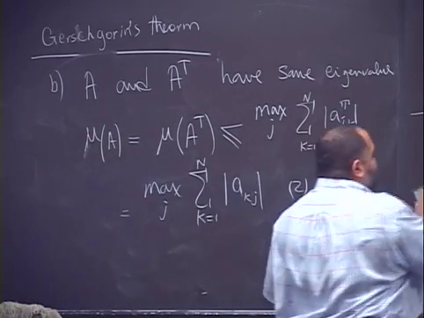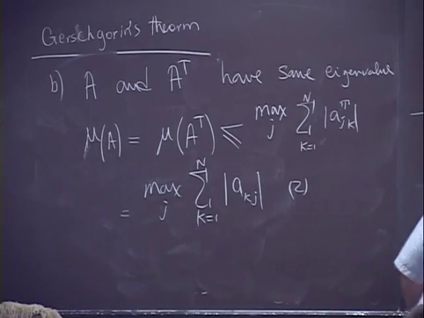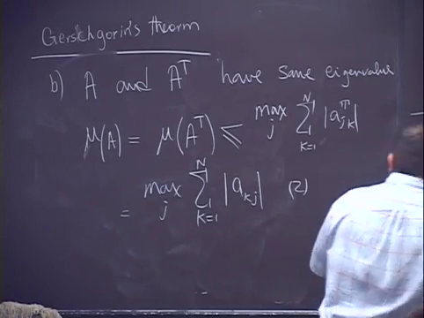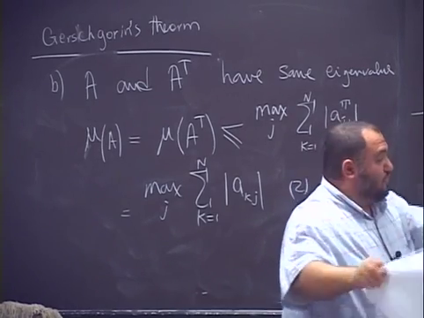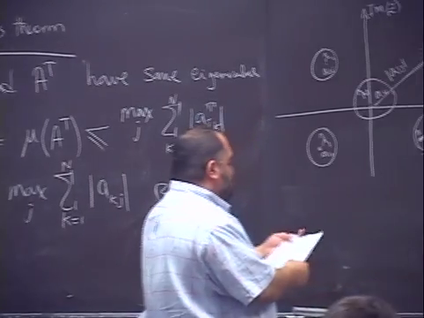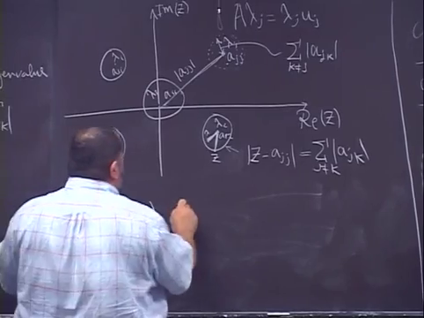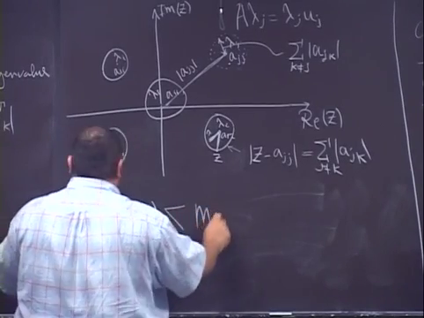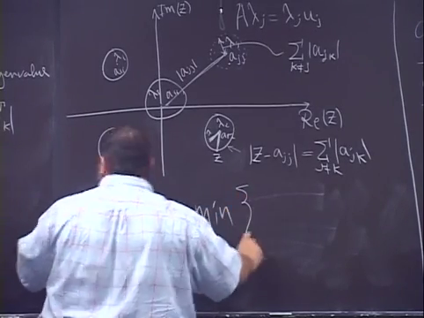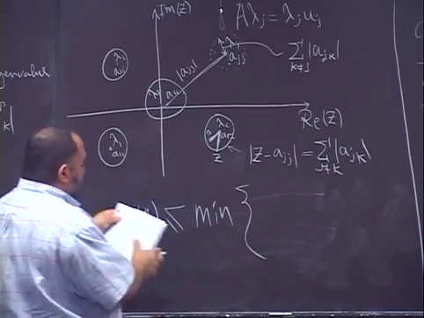But what is the spectral radius now from those two techniques? If we combine 1 and 2, we will notice that the spectral radius will be less than or equal to the minimum from those two definitions.